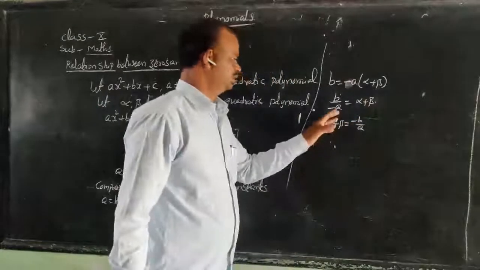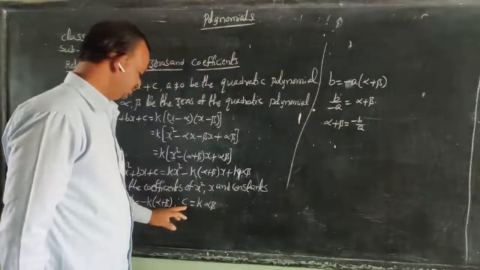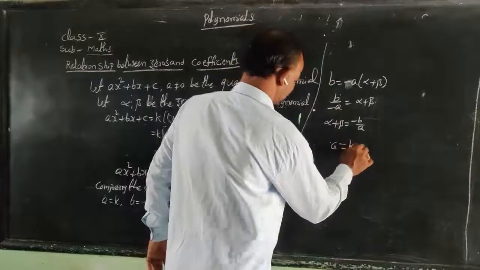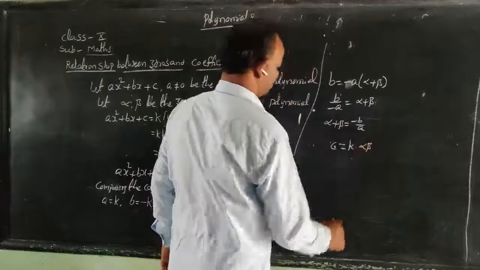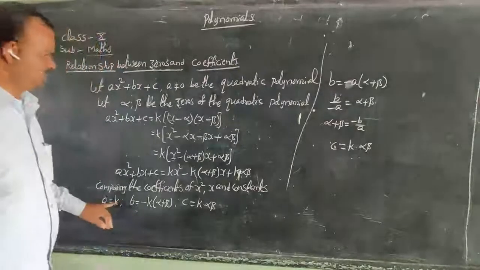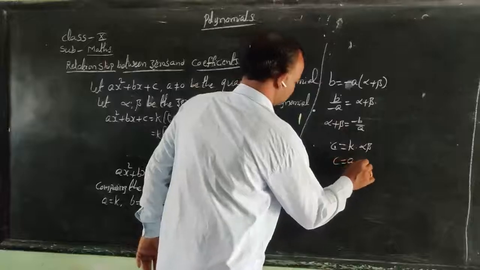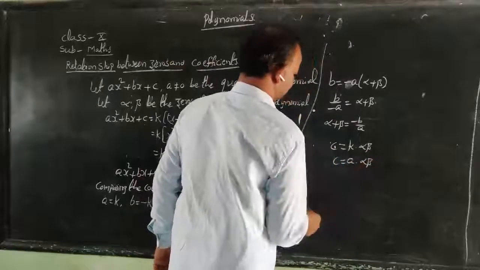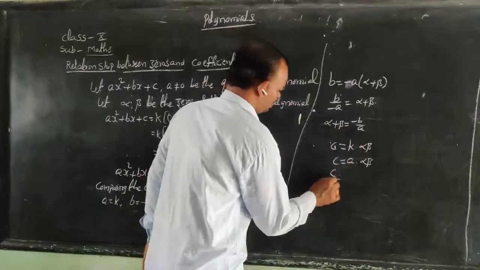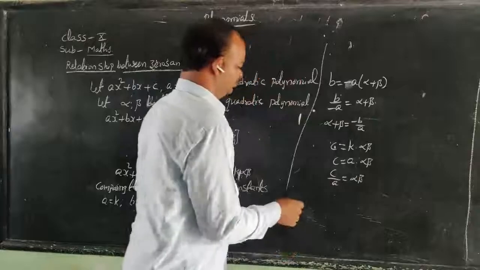And the next one, c is equal to k into alpha beta. Here k is equal to a. Therefore c is equal to a into alpha beta. Here a is multiplied, transpose the value, divide. c by a is equal to alpha beta.